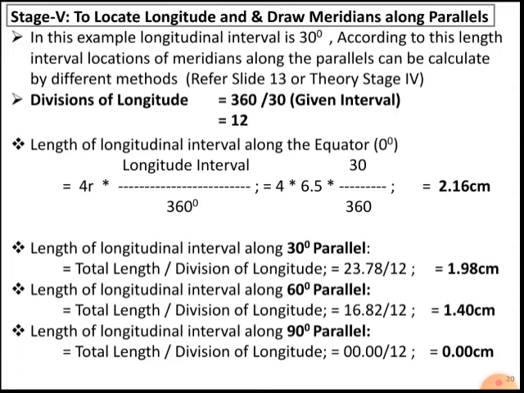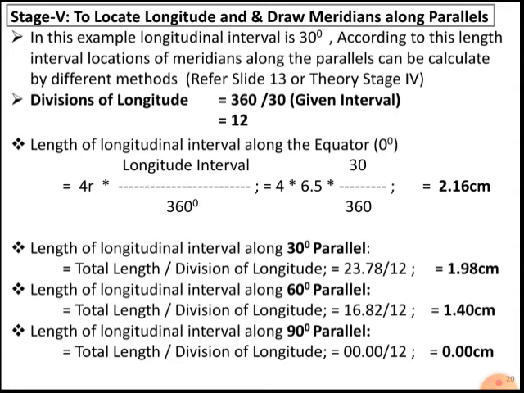In the same way, take the distance in your compass, 1.98, which means approximately 2 centimeter, and mark the distance of longitudes along the 30-degree parallel. Then take the 1.40 centimeter distance in your compass and mark that distance along the 60-degree parallel.